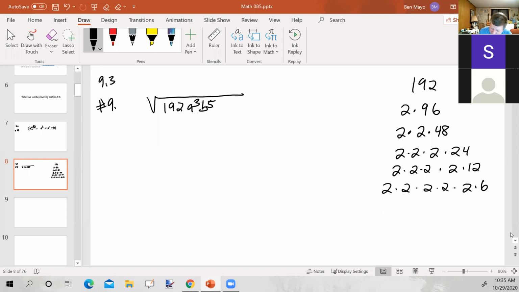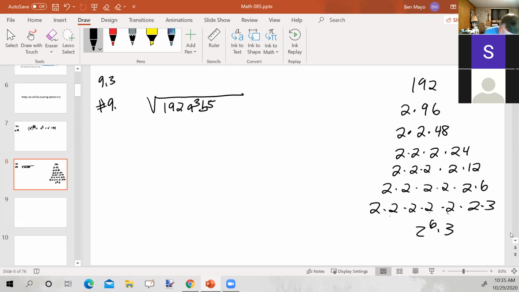I know there's a lot of 2's here, and that's 2 times 2 times 2 times 2 times 2 times 2 times 3. Let's see, 2 times 2 is 4, times 2 is 8, times 2 is 16, times 2 is 32, times 2 is 64, and times 3 is 192. What have I got there? I've got 2 to the 6th power times 3.